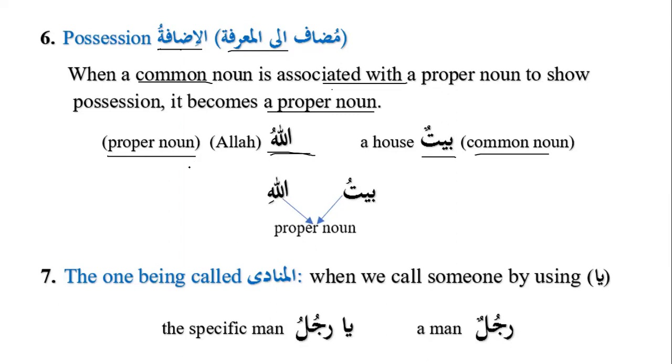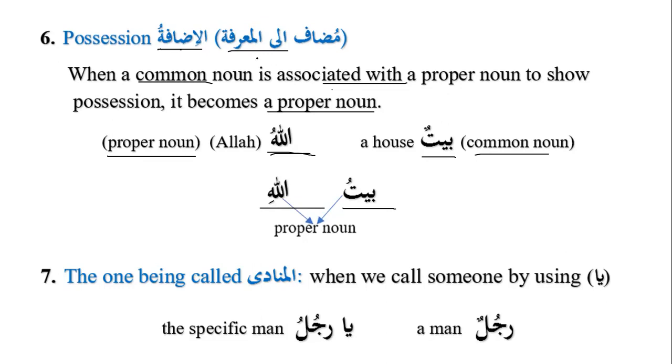But when we associate bayt to lafd al-jalala, when we say baytullah, now bayt has also become a proper noun. Why has it become a proper noun? Because now it has been associated with a proper noun. So this is what we call mudaf ila al-ma'rifa.